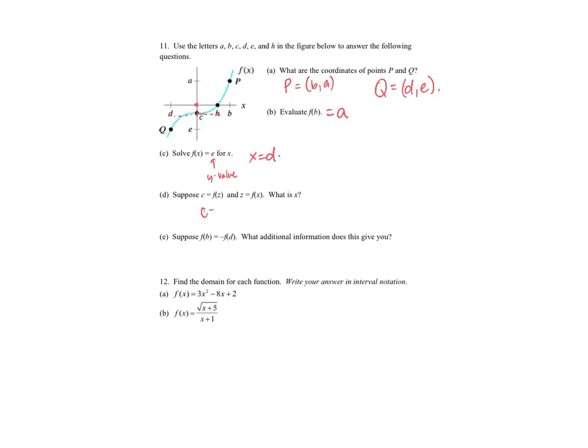We know C equals f of 0. So that tells me that z is equal to 0 here in this case. And so we have 0 equals f of x. And so this 0 here is a y value. So if I go over to my function here and I look at the y value 0, at what x value does the y value hit 0? And that is at x equal h.